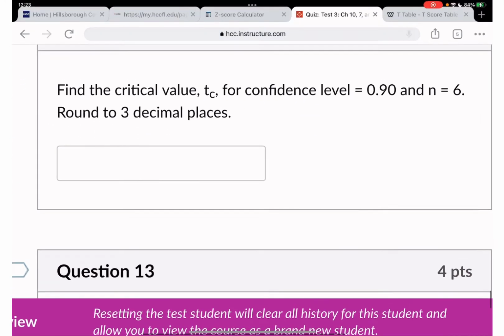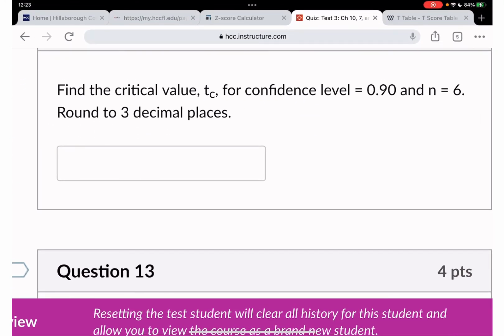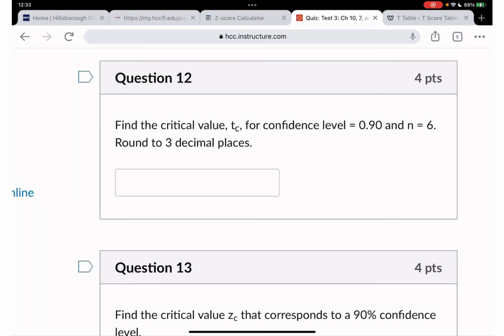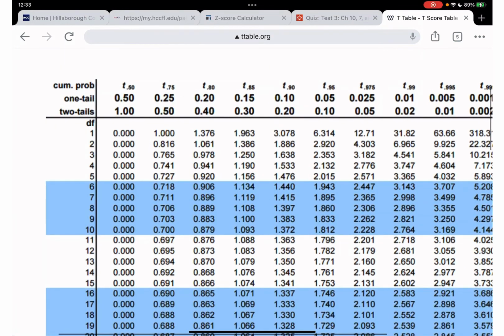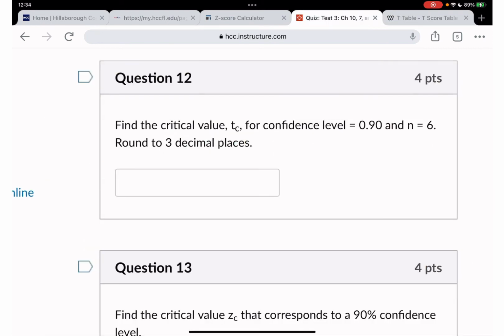Okay, moving to the next one, find the t critical for confidence level 0.9, n is equal to 6. Okay, t critical, we are going to critical level 0.9, which means 0.1, for one tail, and instead of 6 we take 5 degrees of freedom.